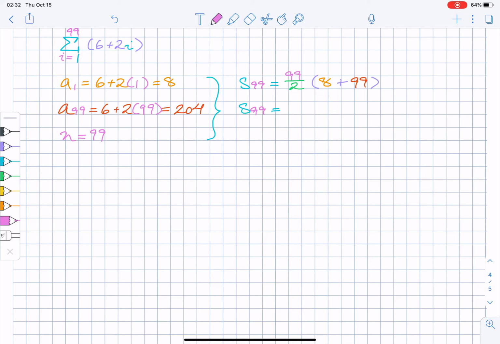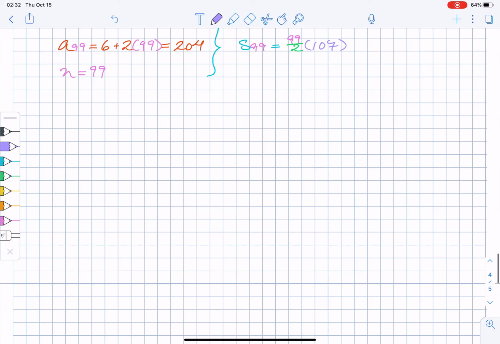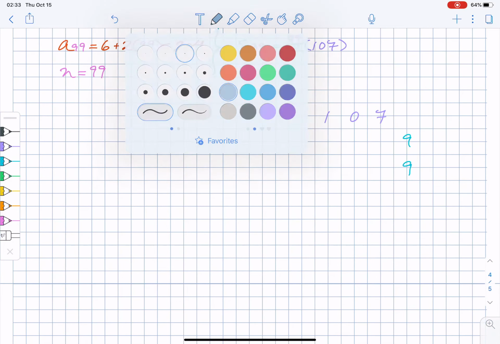Well, that's a terrible number, isn't it? That's not going to work out nicely, times 8 plus 99 is 107. So off to the side, what is 107 times 99? And then I'll divide that answer by 2 once I'm done.